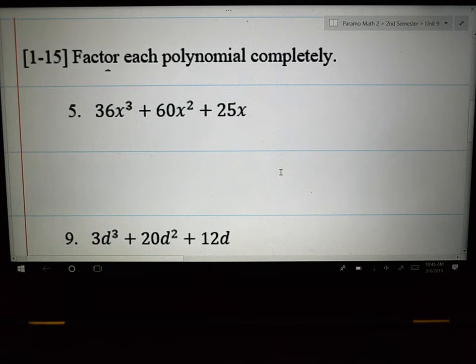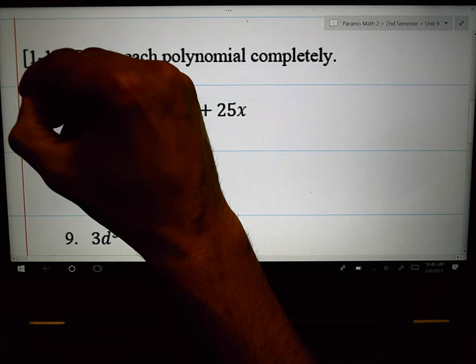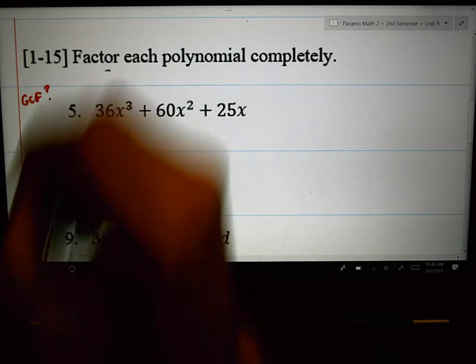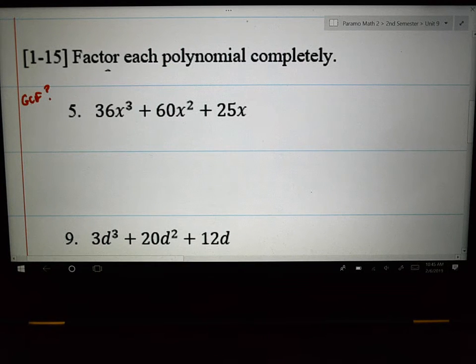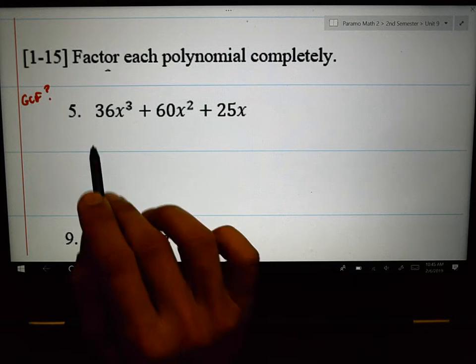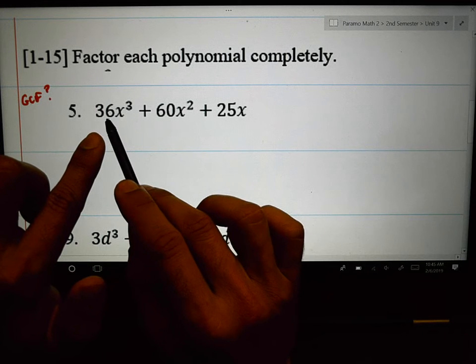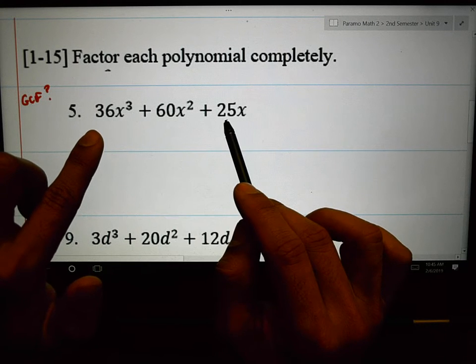This is number 5 on your worksheet. The first thing that you should always look for is, there may or may not be, but we should check. Is there a GCF? Is there a number and or variable that can go into all 3 terms? Let's see. 2 goes into that. 2 goes into that. Does 2 go into 25?